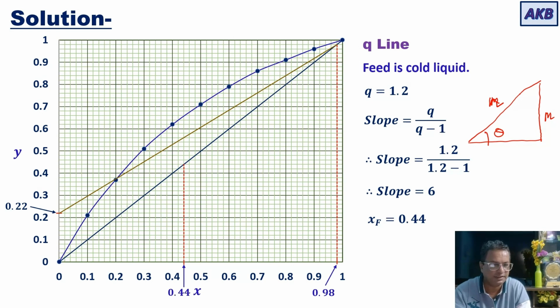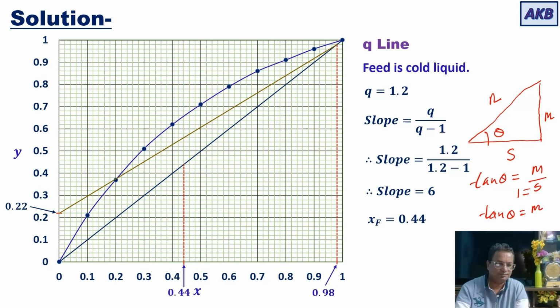Let me pause. Sorry. So this is M, this is N, and this is S. So as per definition, tan theta is M upon S. And if S is made equal to 1, then tan theta will be simply equal to N. Are you understanding it?